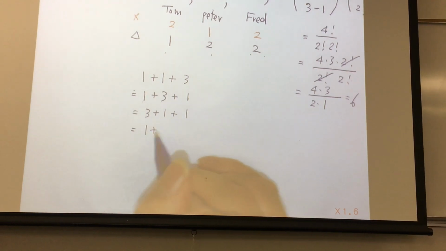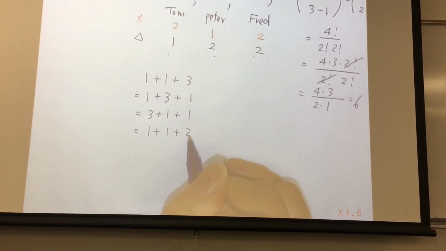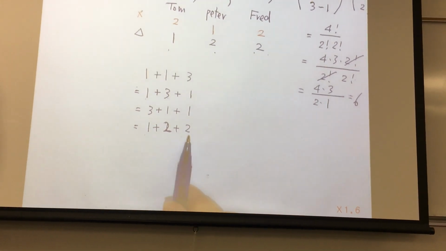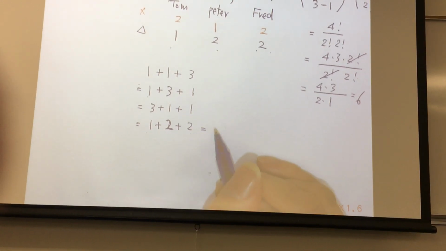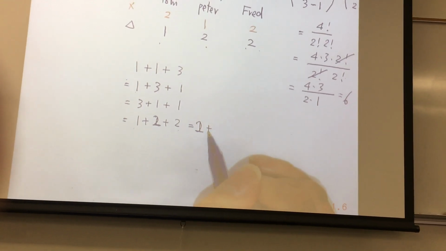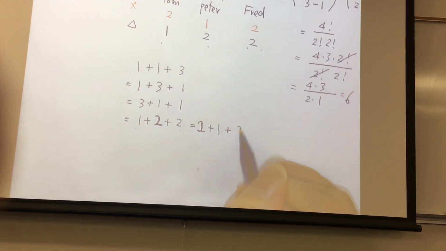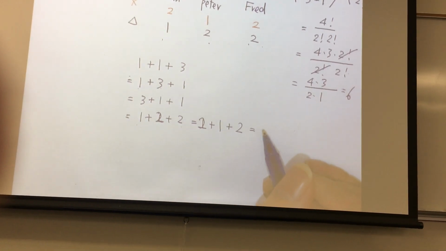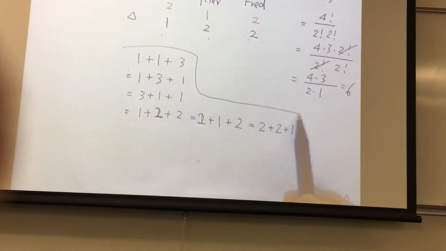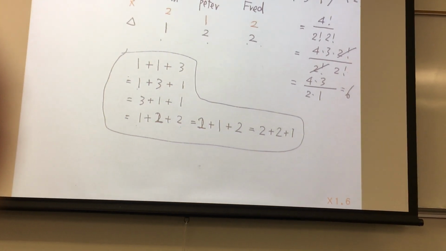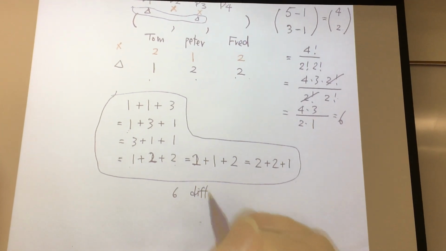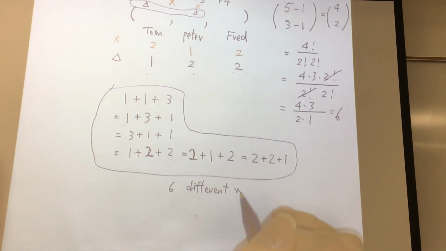I can have 1 plus 2 plus 2, that's fine, right? But it's also equal to 2 plus 1 plus 2. Or 2 plus 2 plus 1. Altogether, there are 6 different ways. Is that okay? There are 6 different ways. Okay?